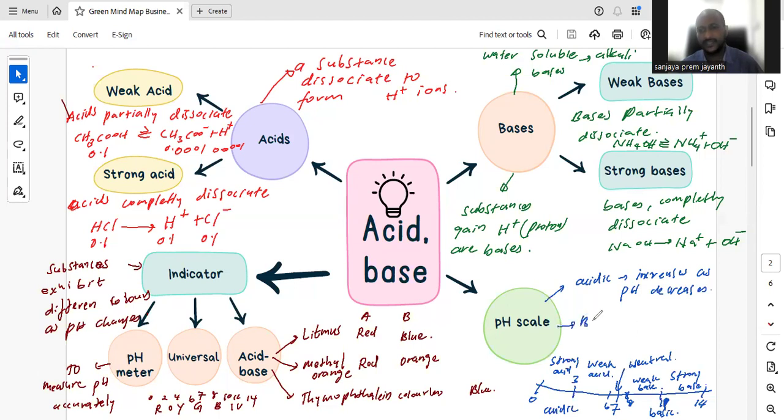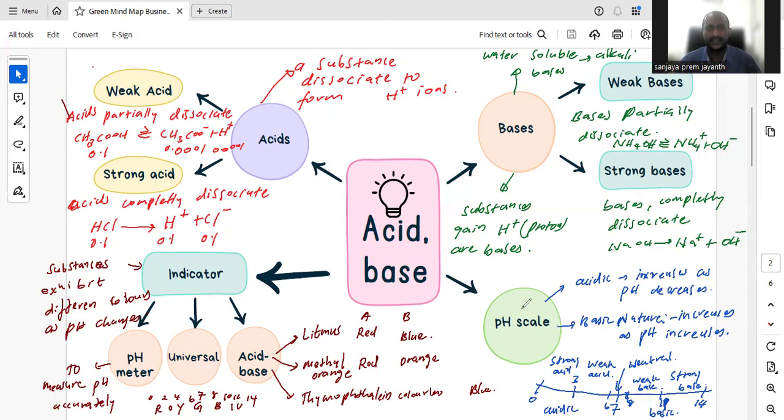And the basic nature: the higher the pH, the basic nature increases. It increases as pH increases. These are very important things regarding acids and bases.